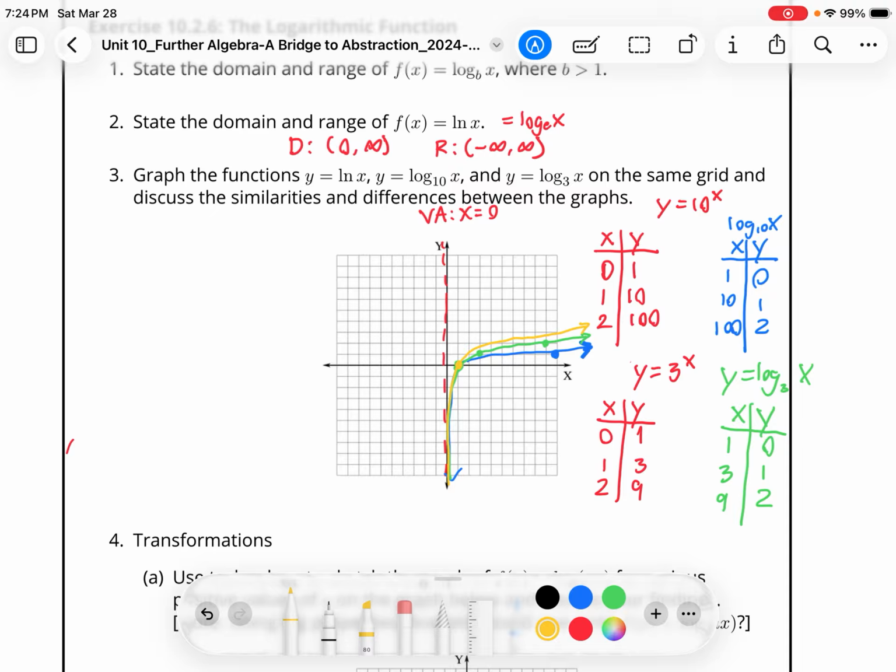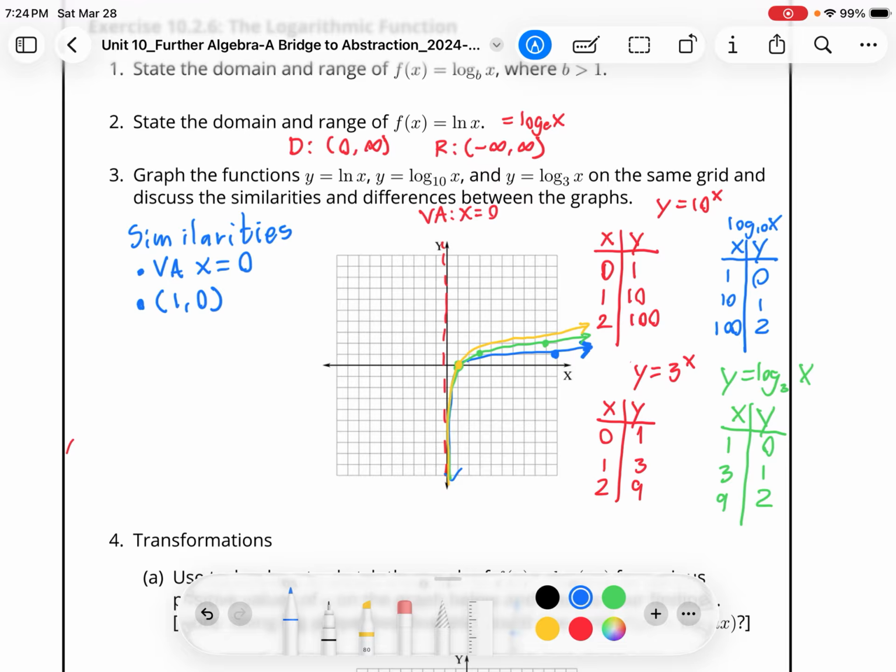So the question on here is discuss the similarities and differences, right? Similarities between all of them. All right, so let's write those down. Well, they'll have the same vertical asymptote. They'll have the point 1 comma 0.